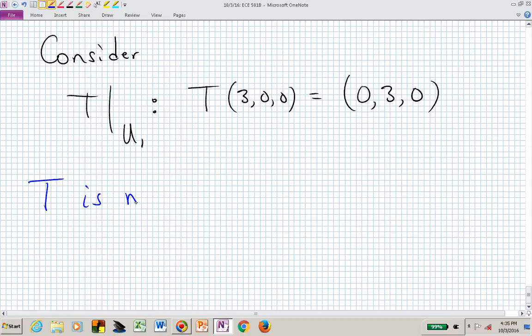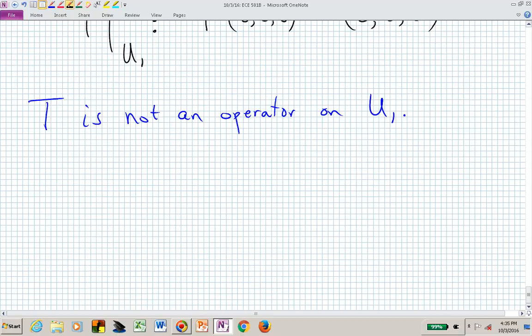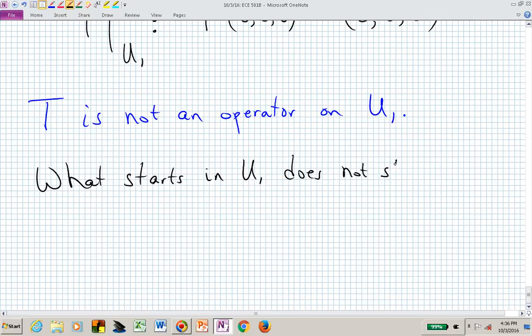T is not an operator on this subspace U sub 1. Or we could say that what starts in U1 does not stay in U1.